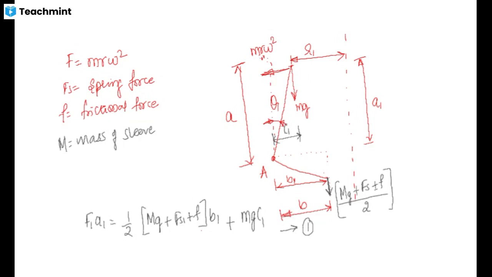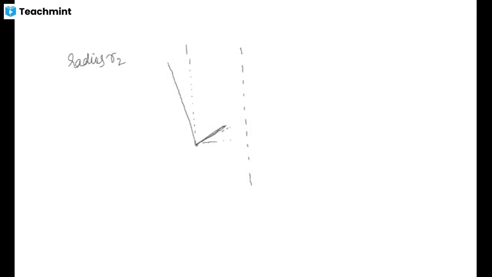Similarly, for radius r2, now the position of the bell crank lever for r2, this is distance r2.